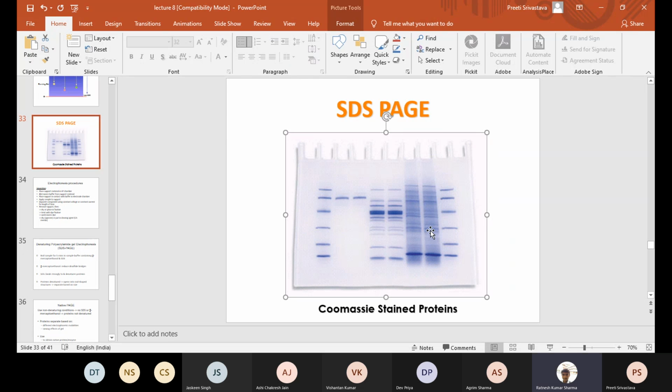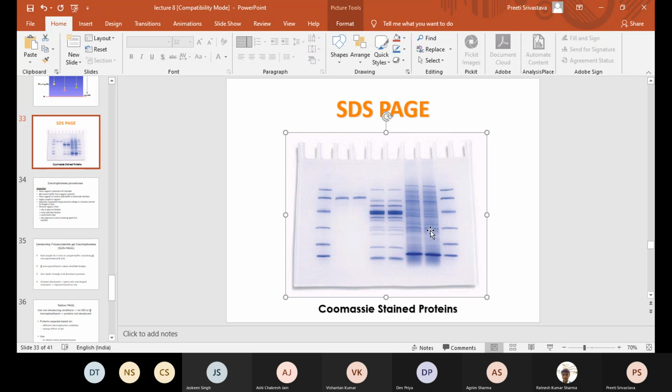Okay, ma'am. So first we just run using loading dye. After the loading happened, how do we run the Coomassie dye? No, you do not run the Coomassie dye. Once you see that bromophenol blue has reached the bottom of the gel, you switch the current off, take the gel out from between the two glass plates, carefully remove the glass plates, and immerse the gel in a staining solution.